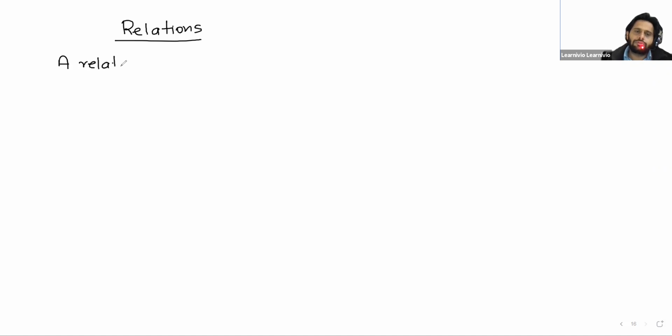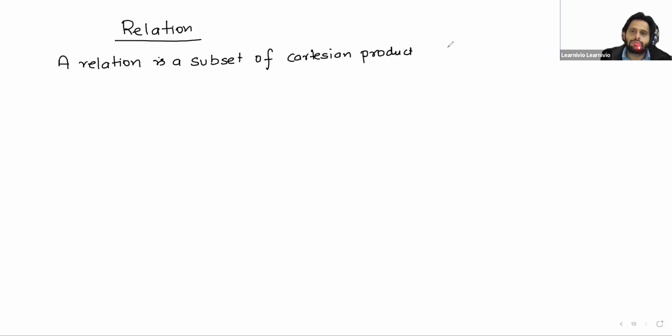A relation is a subset of Cartesian product.